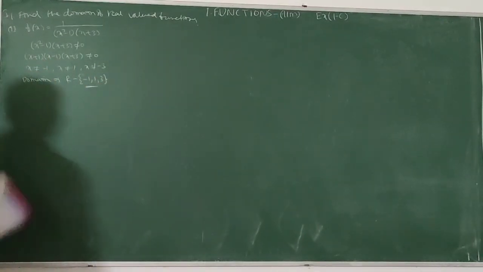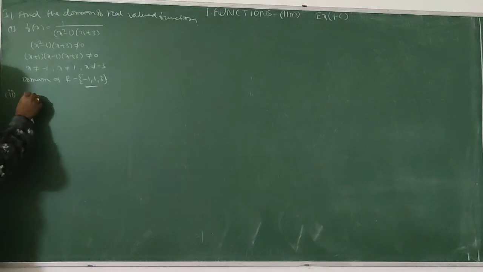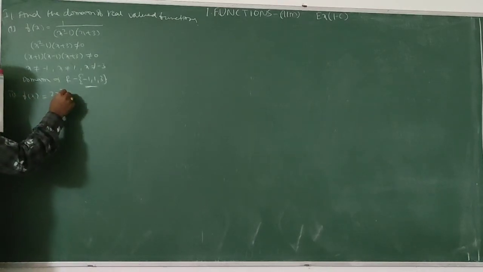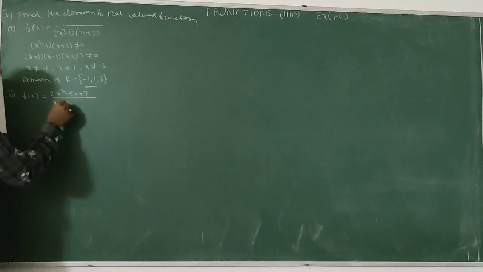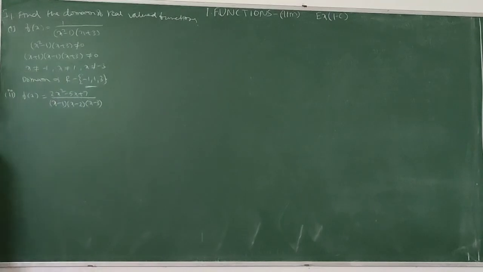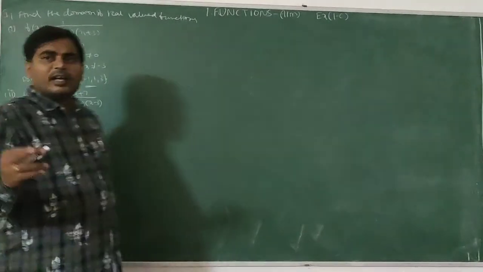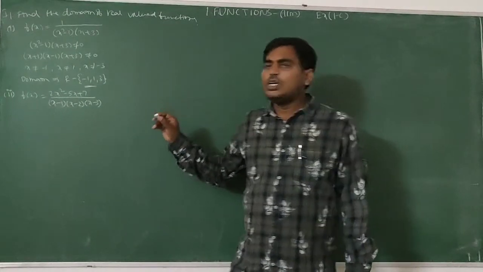Next, second. f of x equal to (2x square minus 5x plus 7) by (x minus 1)(x minus 2)(x minus 3). This is also in the form of a rational function, f of x by g of x. The denominator won't be equal to 0.